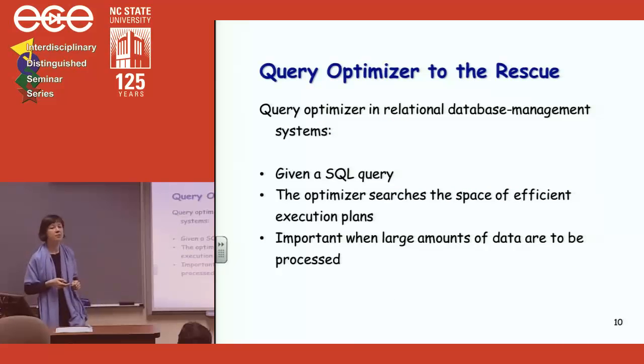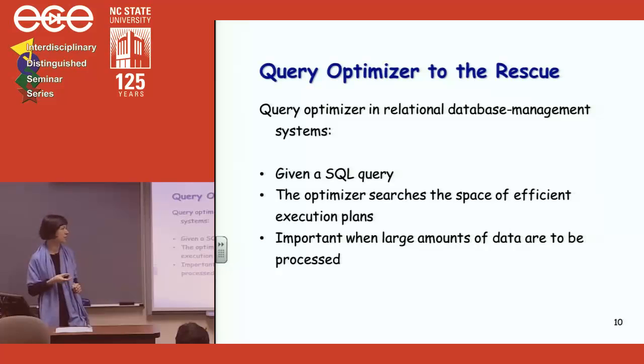So that's what query optimizers do. SQL, the language that we use to express queries, is declarative. It doesn't give you a procedure to answer the query. For this reason, relational database systems have so-called query optimizers. Given a declarative query like this, the optimizer constructs a space of more or less efficient execution plans for this query.